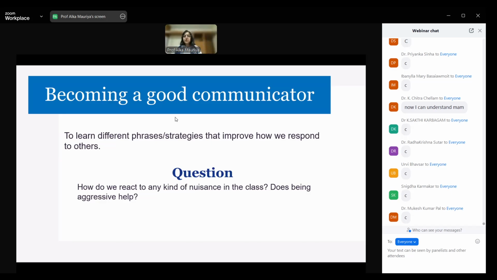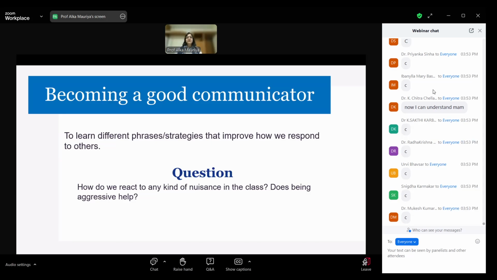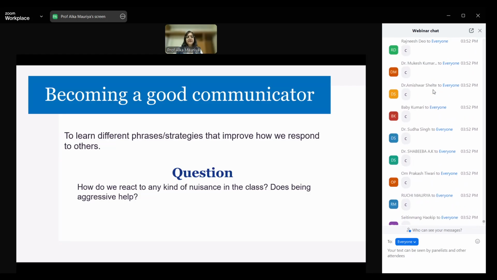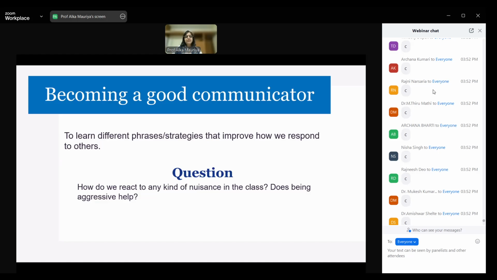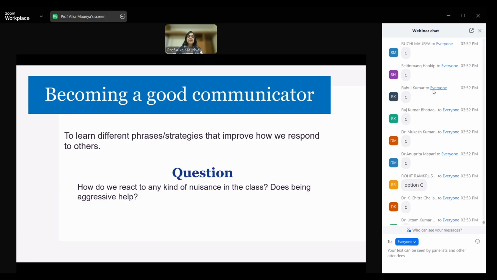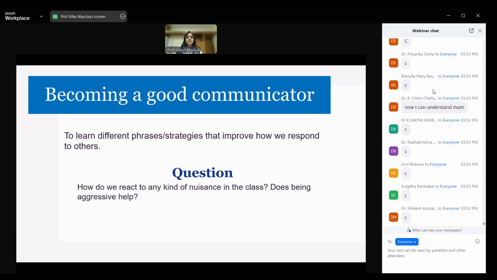Yes. So we have scenarios wherein there is nuisance in the class, maybe deliberate, intentional nuisance. Maybe a student starts making a weird noise in the class. It also can be that they deliberately enter into an argument which is not even related to the topic you're discussing.